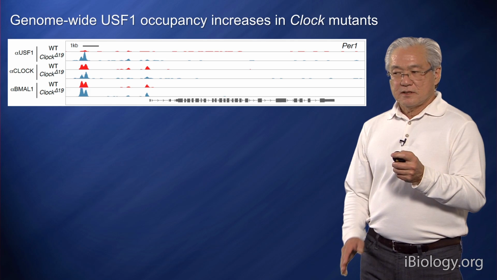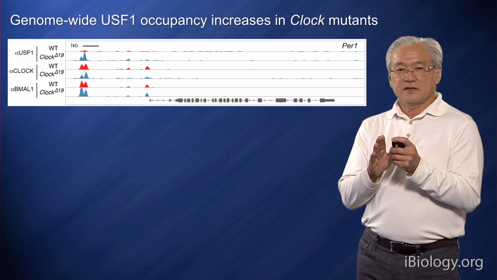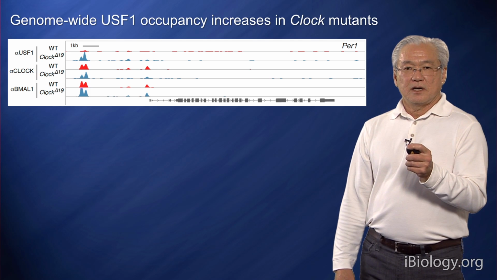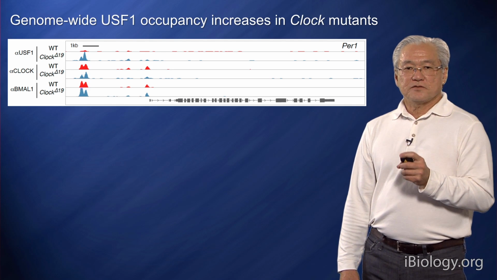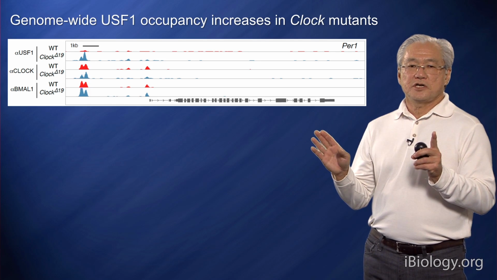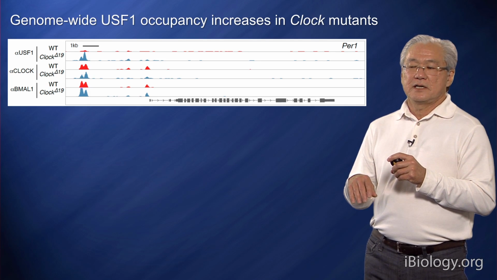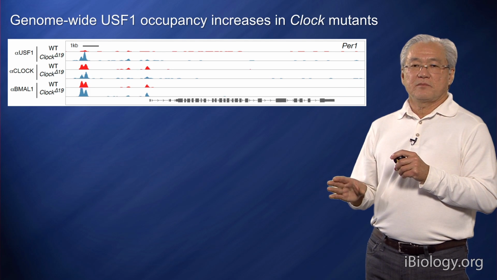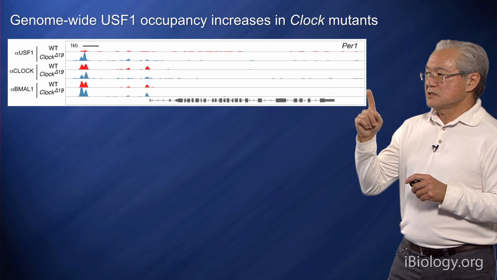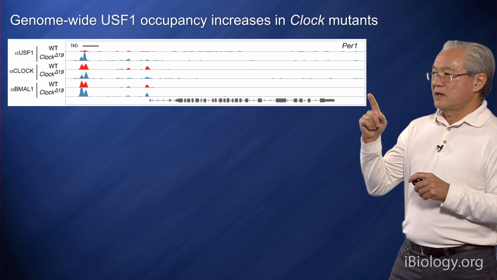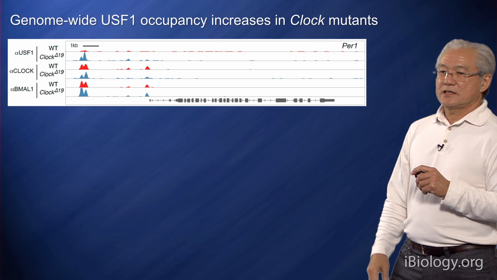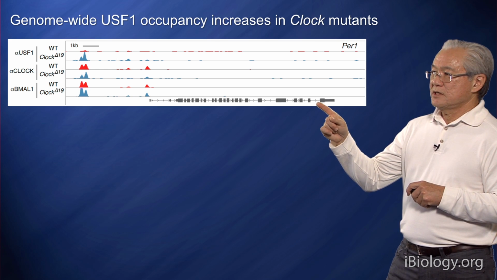To examine the binding of USF1 and clock B-mel in more detail, we've used a different method which allows us to look across the entire genome for where USF1 and clock B-mel might bind. And so these are UCSC genome browser views of USF1, clock, and B-mel binding to the period 1 gene.